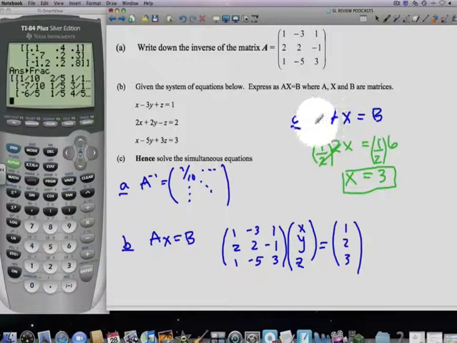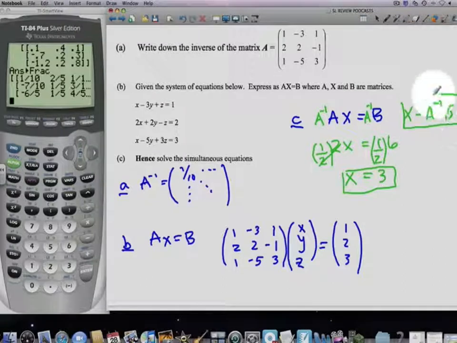So it's the same sort of thing. We multiply A inverse on both sides. So those become the identity. And then we multiply A inverse on this side. Make sure that you always do x equals A inverse times B in this order. We have to do that order. Is that right, Mr. Curvis?